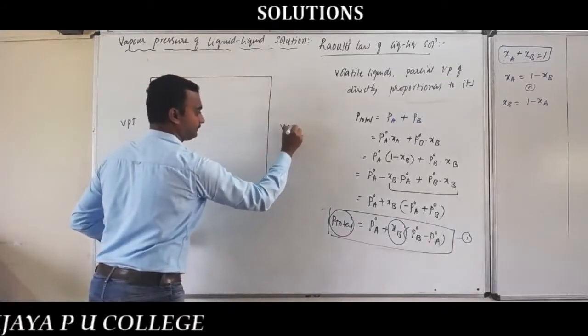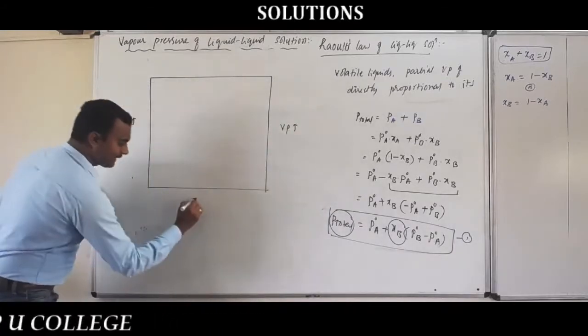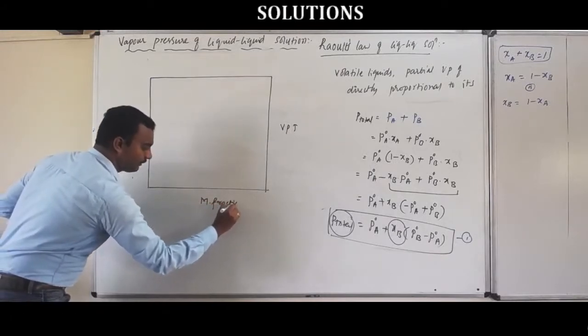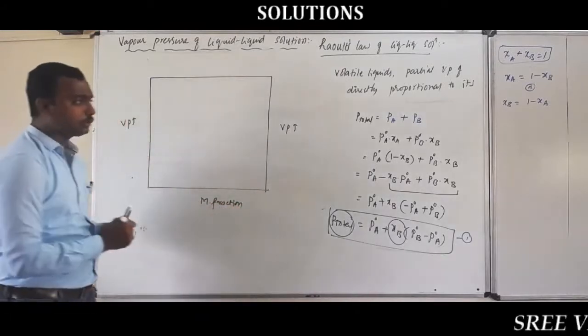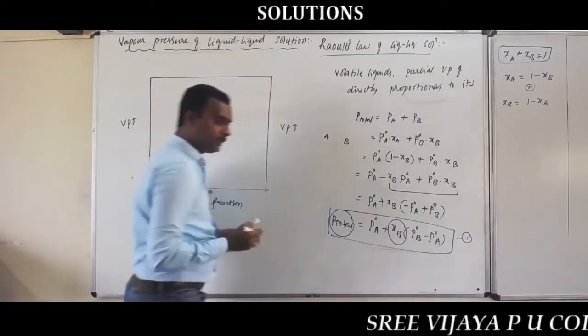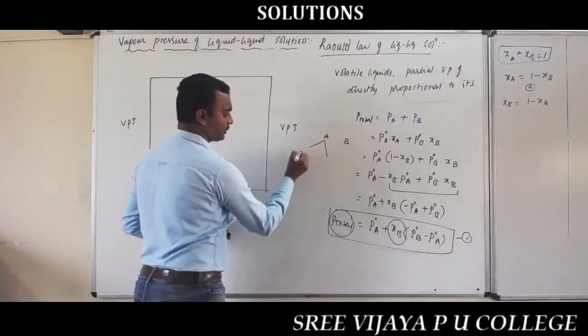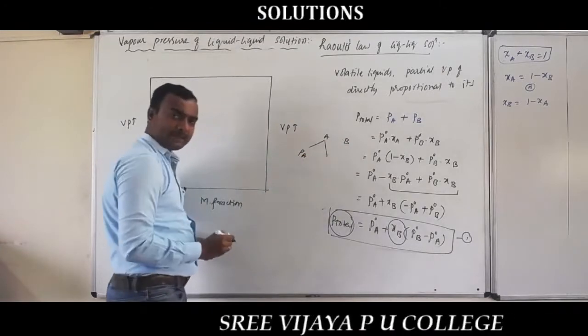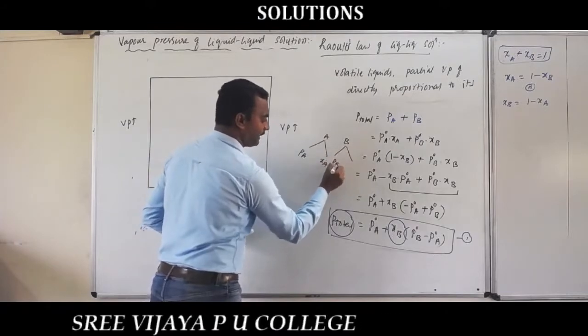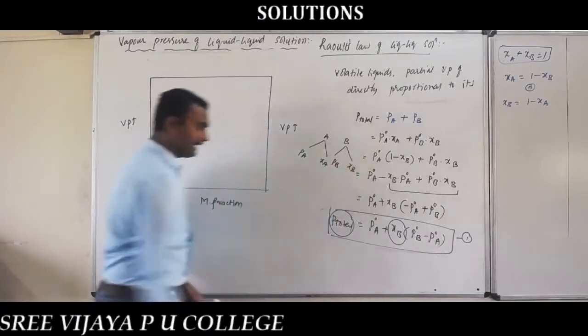On the x-axis, I am going to take the mole fraction. Take two components here, A and B. For the two components, the partial pressures are PA, with mole fraction XA, and for B, PB, with mole fraction XB.